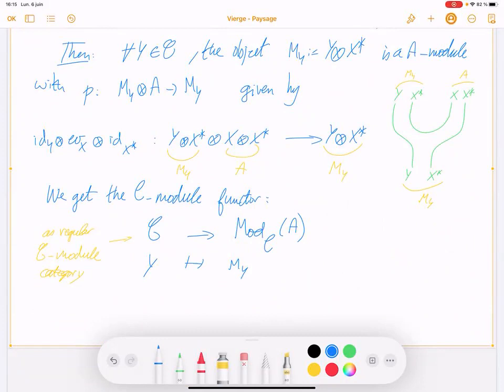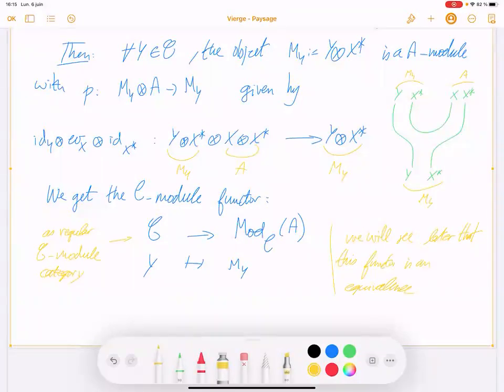And in fact, we will see later that this functor is an equivalence, I guess an equivalence of C modules.